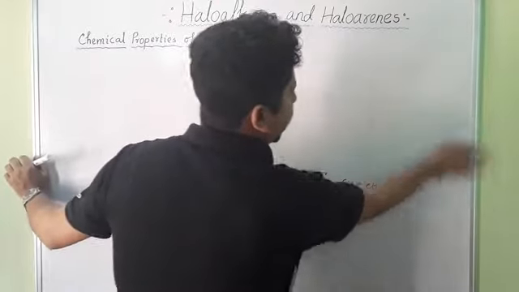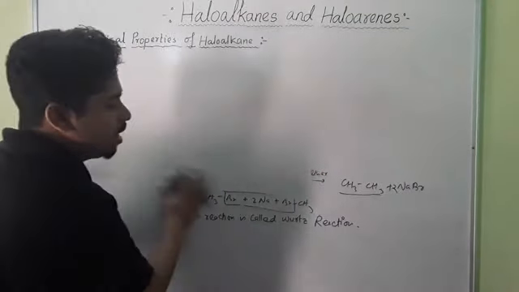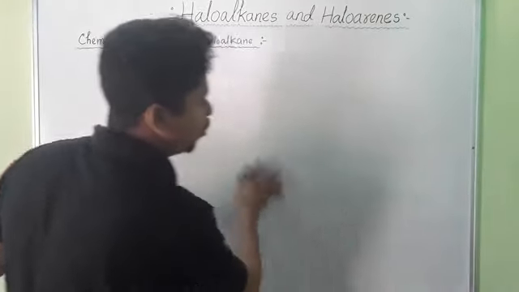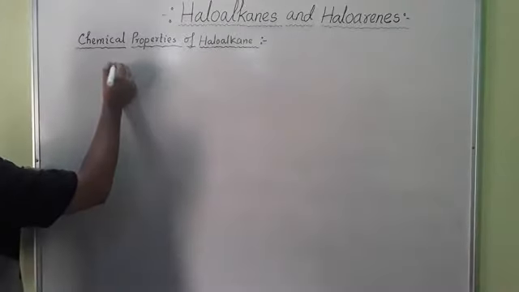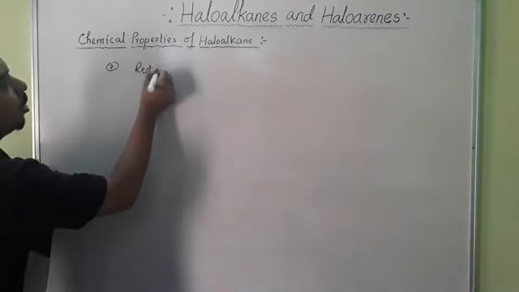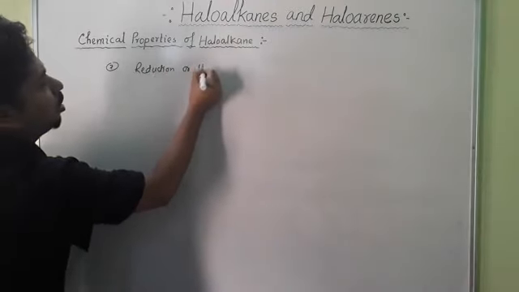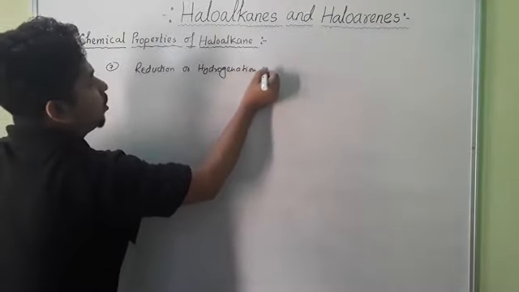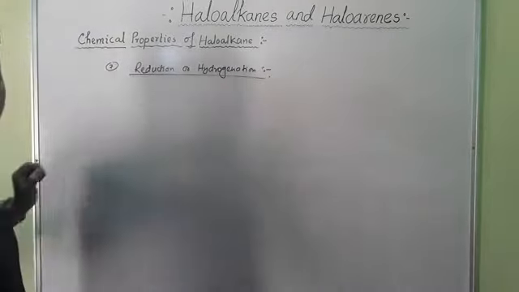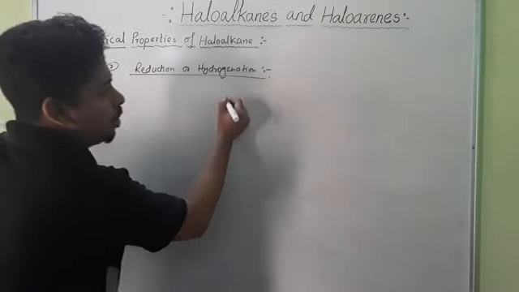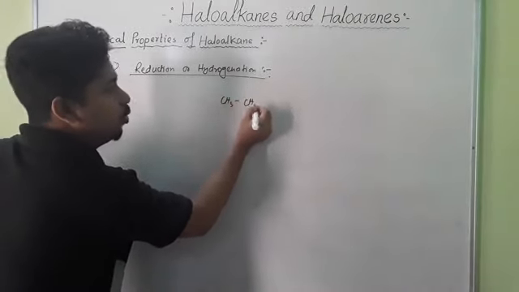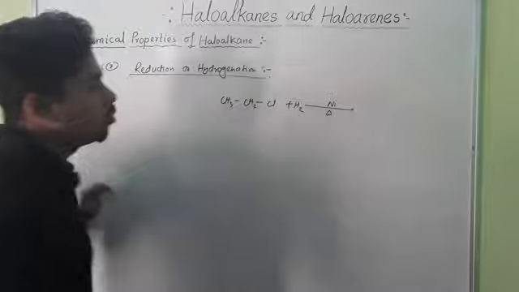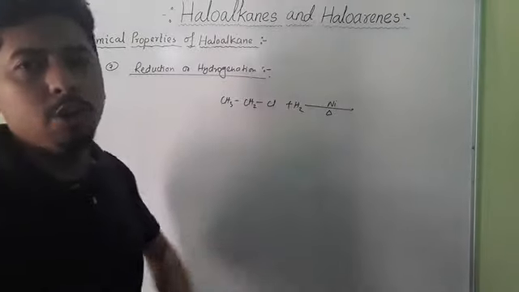These haloalkanes on reduction or hydrogenation in presence of a metal like nickel will undergo a reduction reaction to produce an alkane. So this haloalkane on hydrogenation or on reduction, suppose we are considering one reaction: CH3 bond CH2 bond Cl plus H2 in presence of nickel catalyst. So here a hydrogenation reaction will take place and it will give the corresponding alkane.